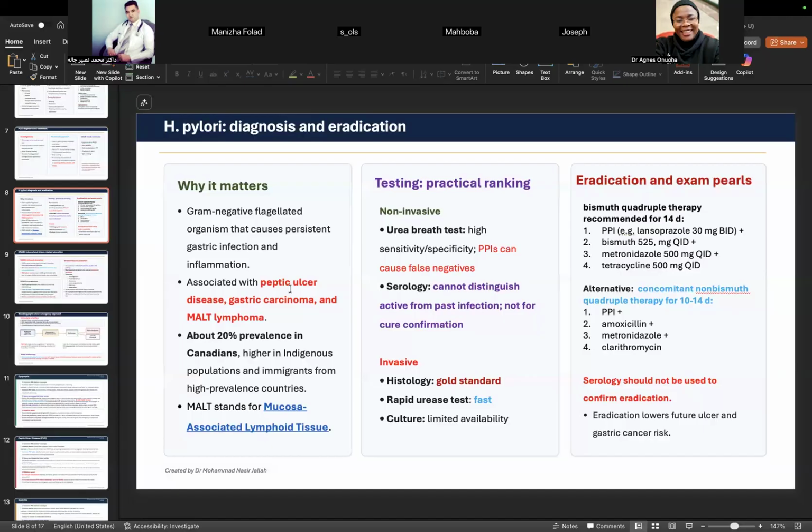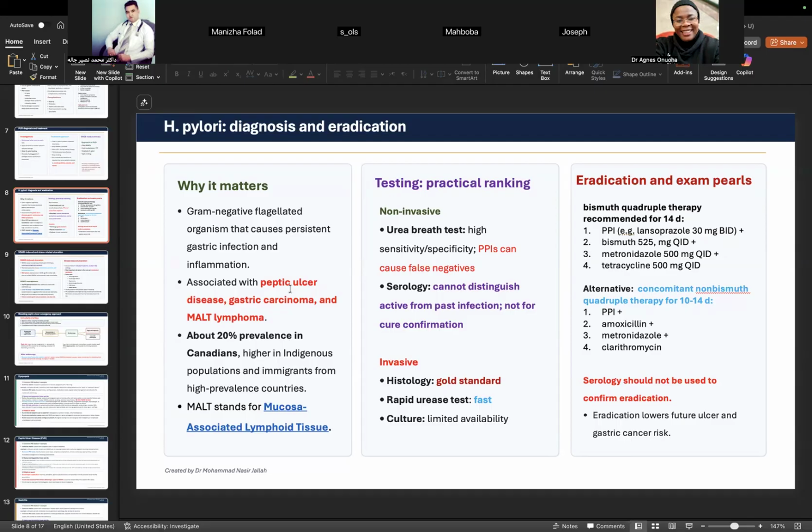But some of the IMGs mistakenly choose serology for the test of cure as well. It is not used for confirming cure of H. pylori. If they're asking you the best and most sensitive test for H. pylori, that will be the urea breath test.